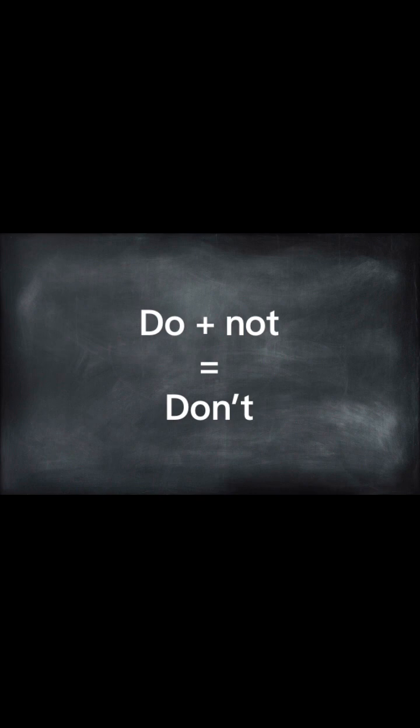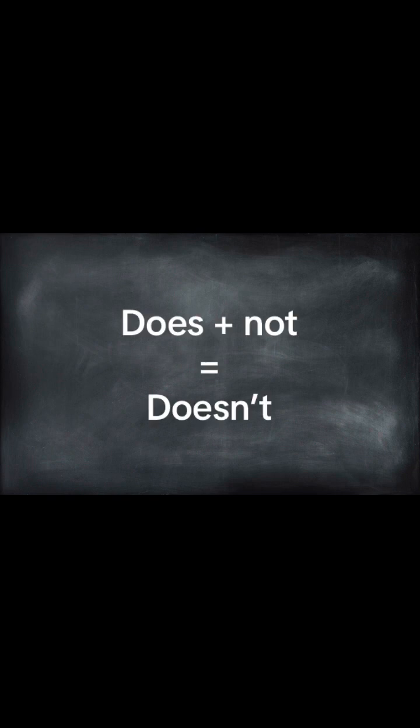Do not becomes don't. And for third person singular, does not, we slide the two words together, we take away the O, we put an apostrophe where the O was, and now does not becomes doesn't.